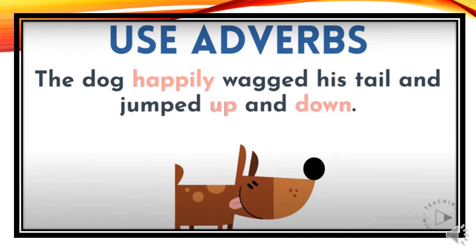You can say, the dog happily wagged his tail and jumped up and down. So you see, it's the magic of adverbs that now this sentence is changed from a boring sentence to an impressive one.